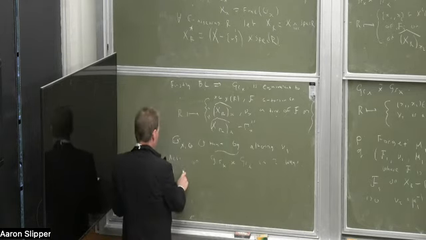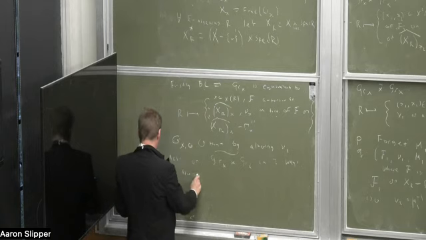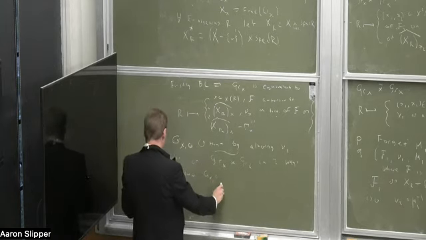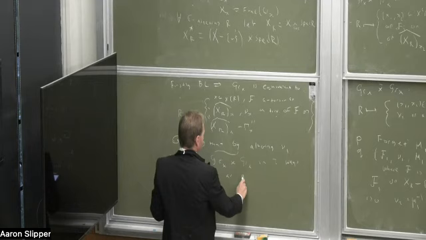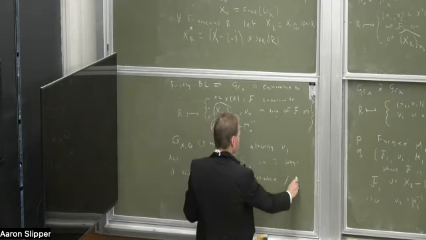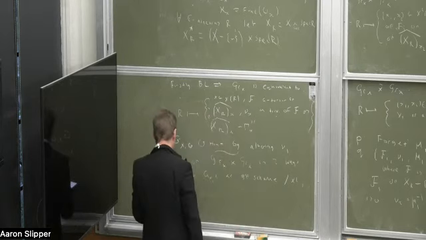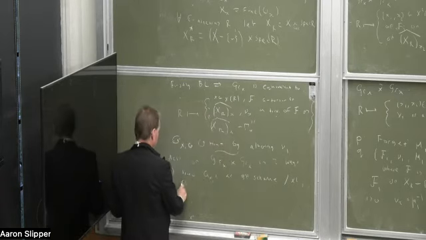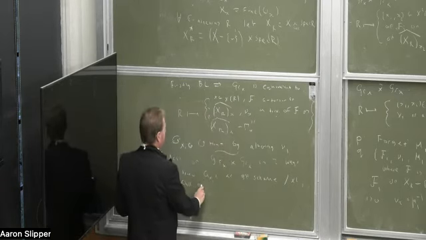One, we view GXO as a group scheme over X squared by pulling it back along the second projection.